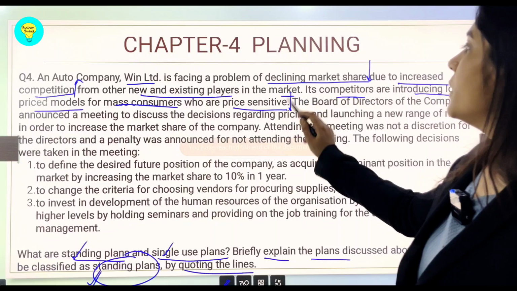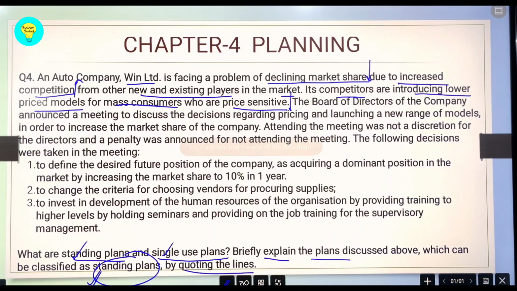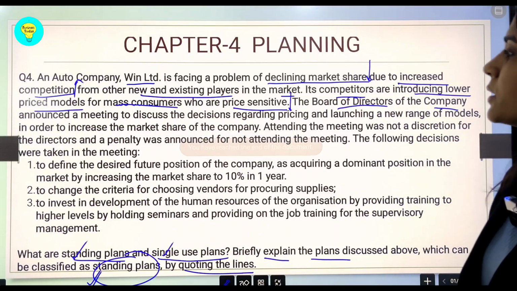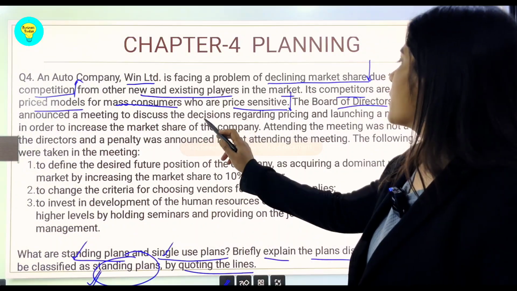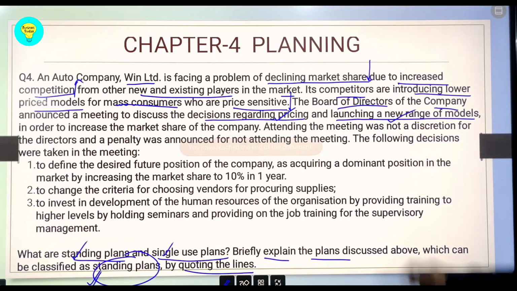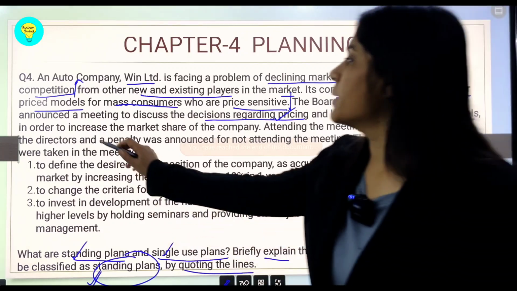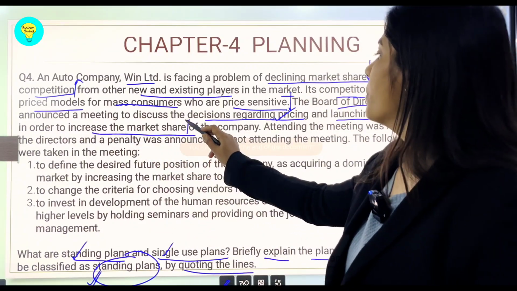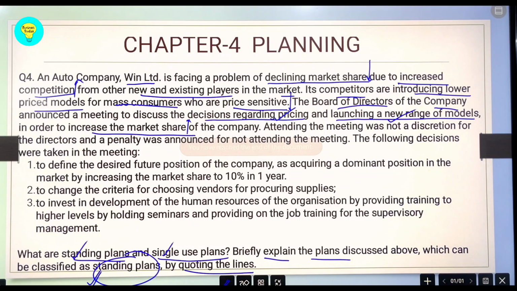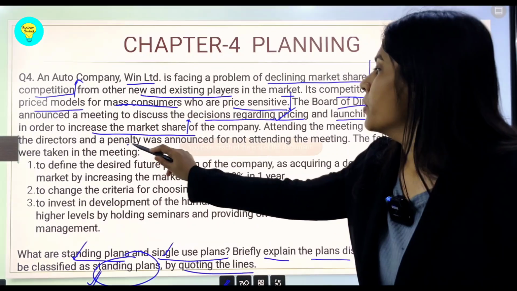So, they are ultimately losing their price sensitive customers due to competitors' action of lowering the prices. The board of directors of the company announced a meeting to discuss the decisions regarding pricing and launching of new range of models. So, regarding this, there has been a meeting in order to increase the market share of the company. Now, attending the meeting was not a discretion for the directors, and a penalty was introduced for not attending the meeting.